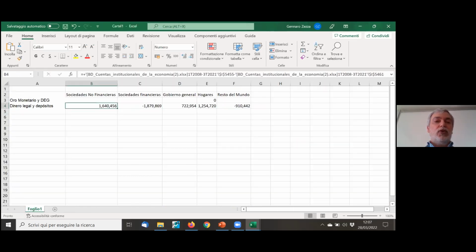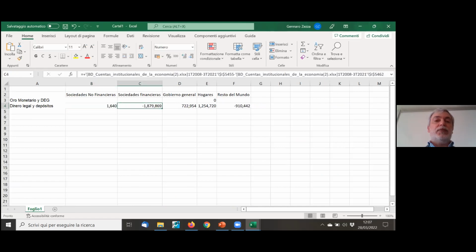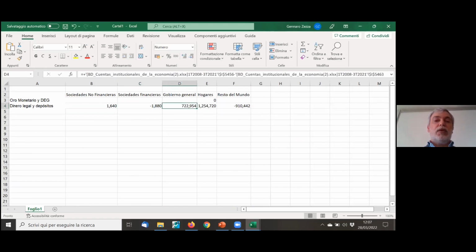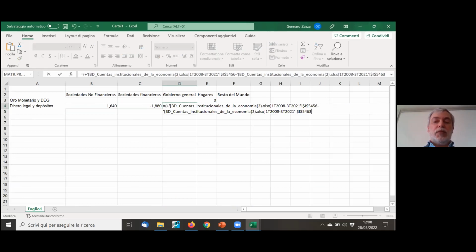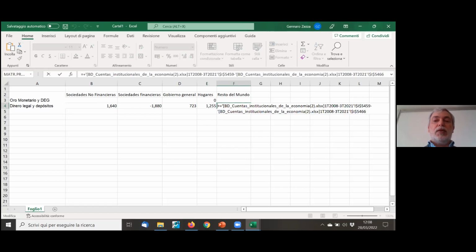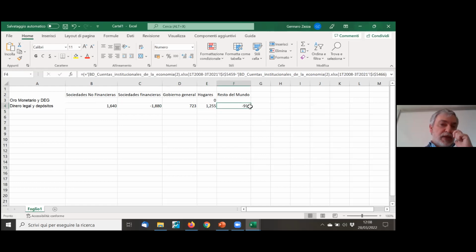Okay, now if I want to improve the readability, I can decide to divide everything by 1,000, so to have billions. Okay, so first thing we notice is that the amount of liquidity held in Mexico, which is a liability of foreigners, is rather large, about a half of the domestic liquid liabilities.